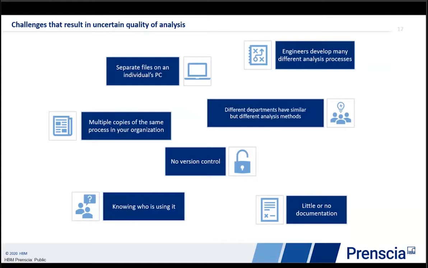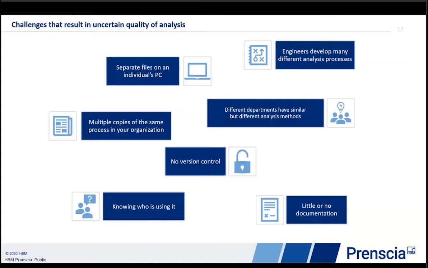In general, different people are using different copies of the same analysis process, each running on their own separate machine. There's no version control. No one knows who's doing what. There's very little documentation, and this is quite common in a lot of our customers.